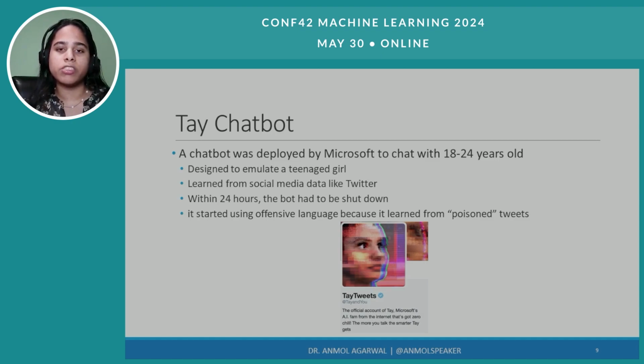And it learned from social media data like Twitter, and from what it saw on Twitter, it was able to formulate responses. When you ask it a question, it gave you a response based on what it learned. Within 24 hours, the bot had to be shut down and taken offline because it started using offensive language. It learned from poison tweet data.